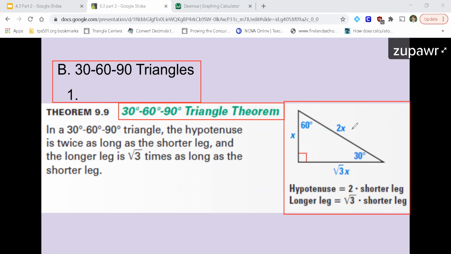And be very clear on your labels. This is the hypotenuse. This is the shorter leg.